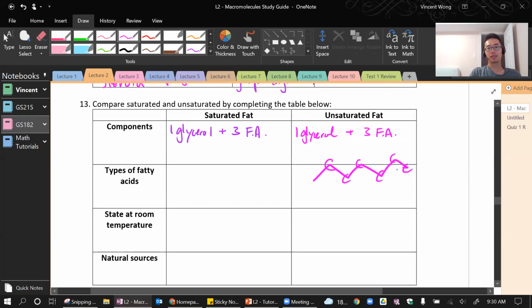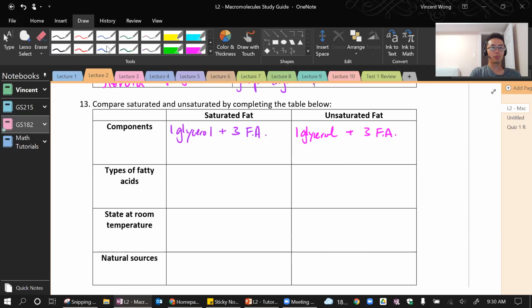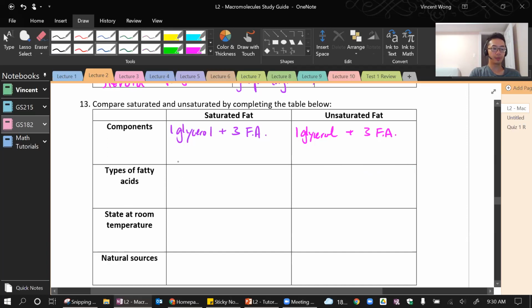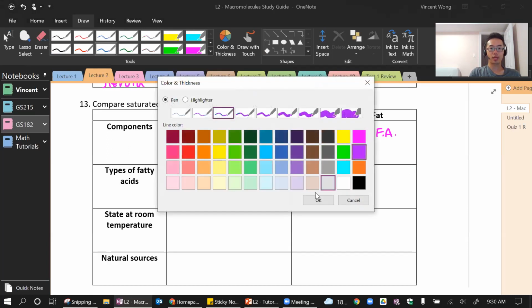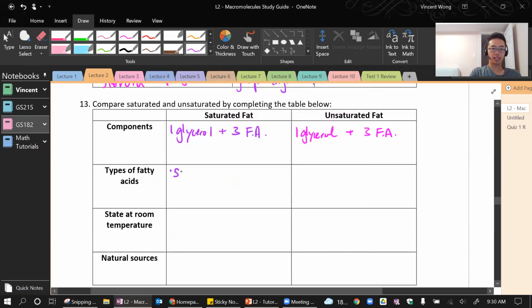When you learn organic chemistry in your chemistry class, you will learn how to draw these zigzag things. So, types of fatty acids. The type here would be what we call saturated fatty acid. What does that mean?